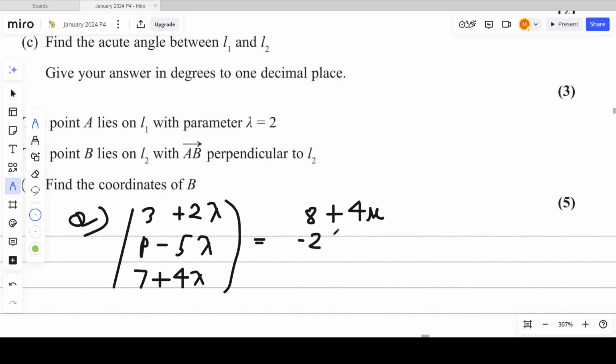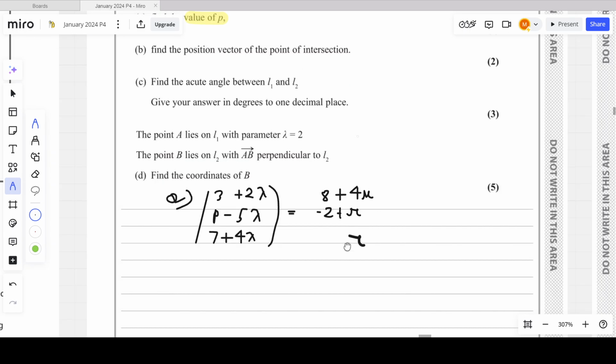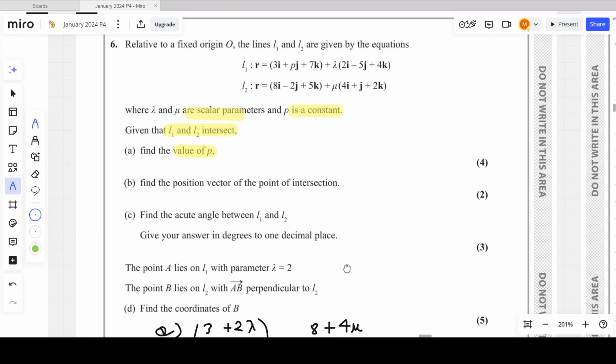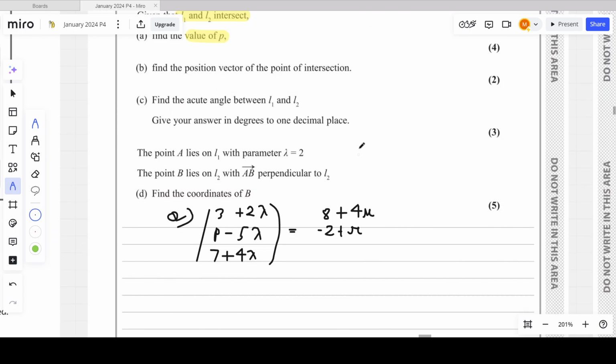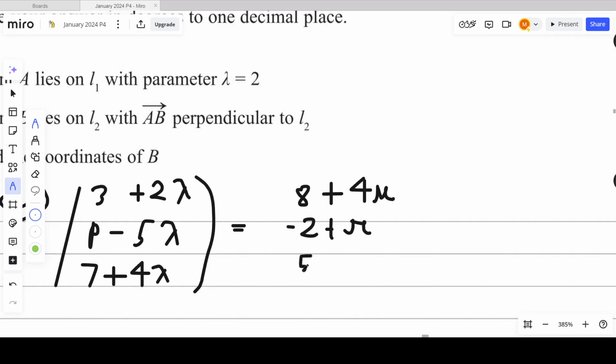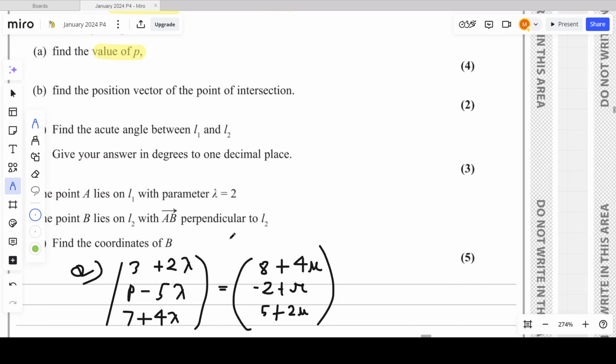And the k component is 5 plus 2 mu. Now we need to solve some simultaneous equations.